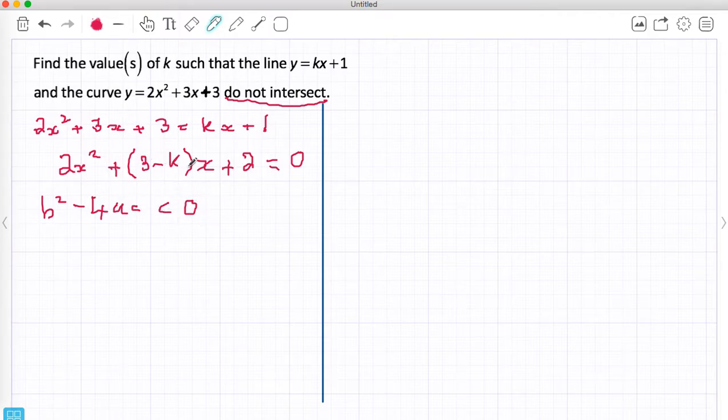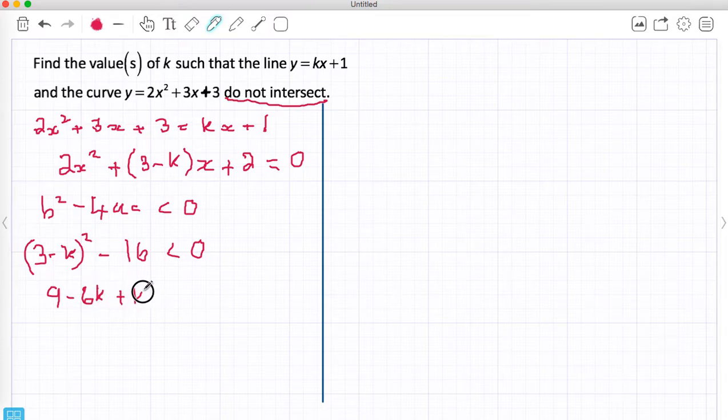Now my b squared is (3 minus k) squared, minus 4 times 2, which is 8, times another 2, which is 16, is less than 0. So this is going to give me 9 minus 6k plus k squared minus 16 is less than 0.